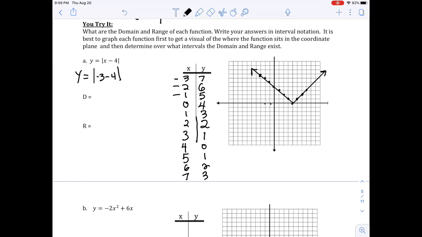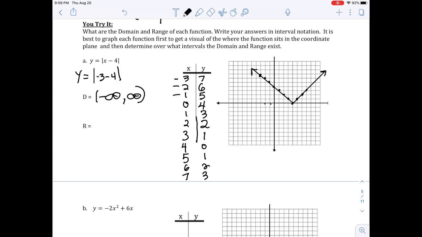This is an absolute value function. The question is, what are the domain and range? All right, so look at all the different numbers that I used as input. That's my domain. And so when your domain is not restricted, it is negative infinity to positive infinity, which means I can use any value I want as an input into the equation.